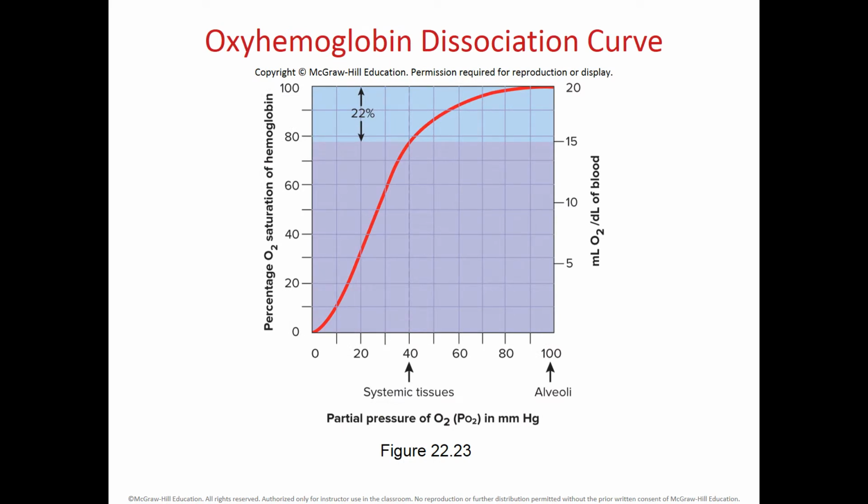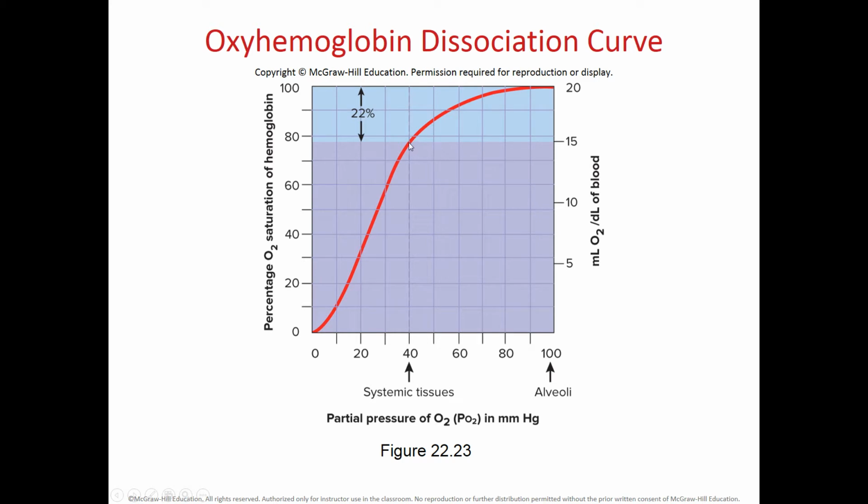Now, the partial pressure of oxygen also affects the formation of oxyhemoglobin. So in the systemic tissues, we have a low partial pressure of oxygen, as you can see here in the x-axis. So we have around 40 in the systemic tissues.